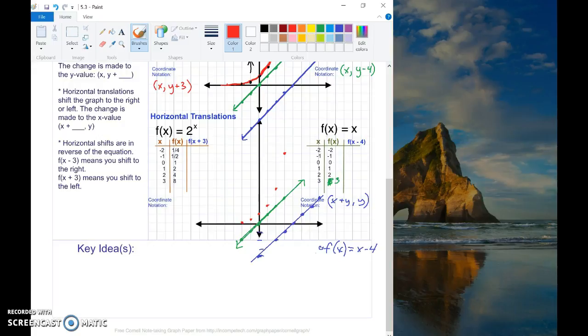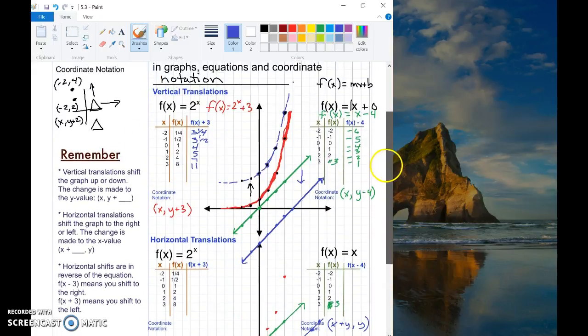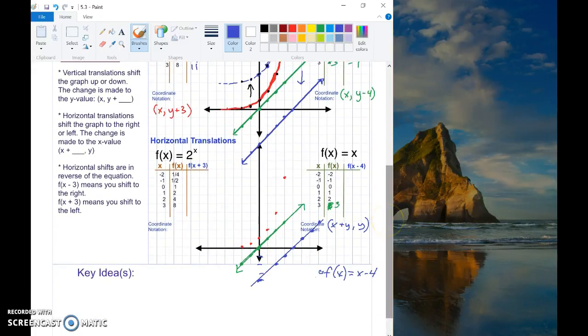And this time I'm going to subtract 3 from my x values. I'm going to keep the f of x the same, but my negative 2 is going to be in a different place.